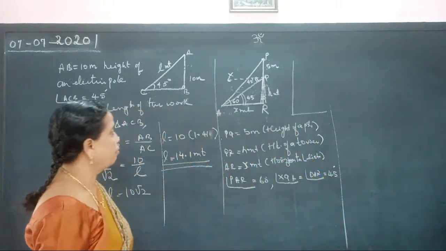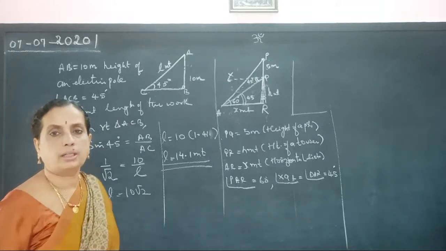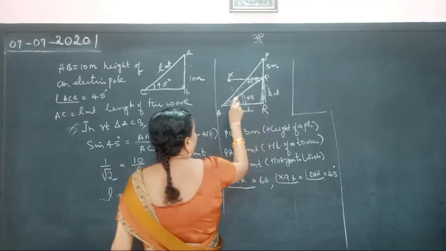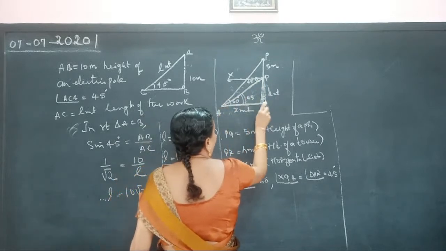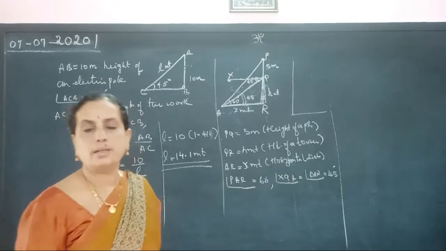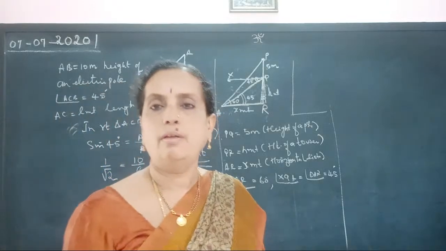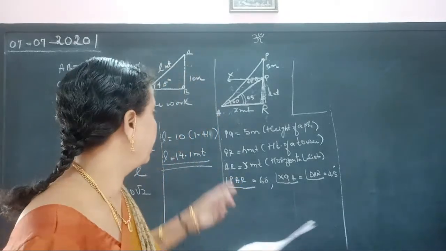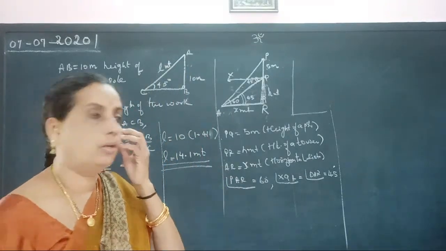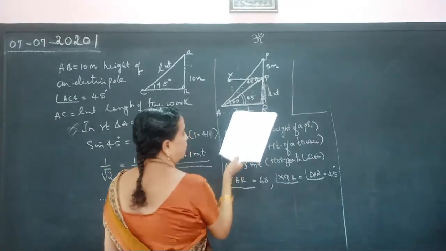Whenever you want to mention the depression angle, show it clearly. This is depression, that is equal to angle of elevation. So whenever we do the calculation, we consider the angle from the bottom, that is angle of depression equal to angle of elevation here.